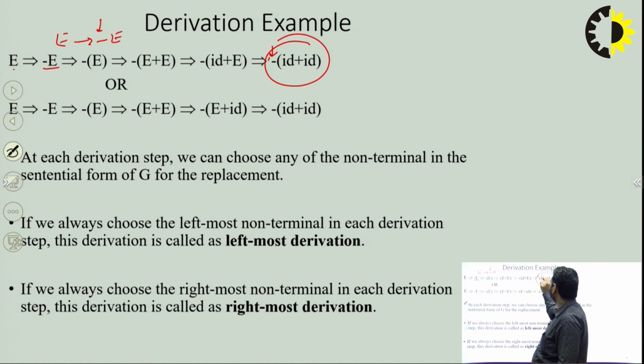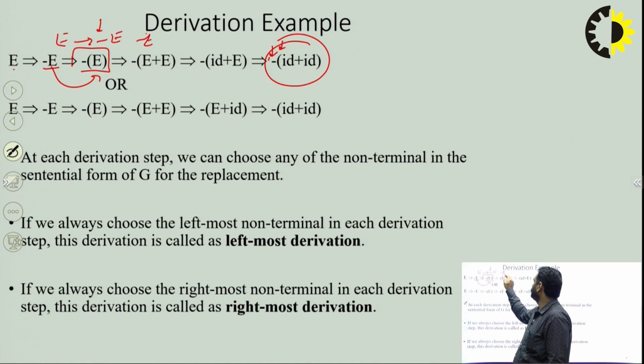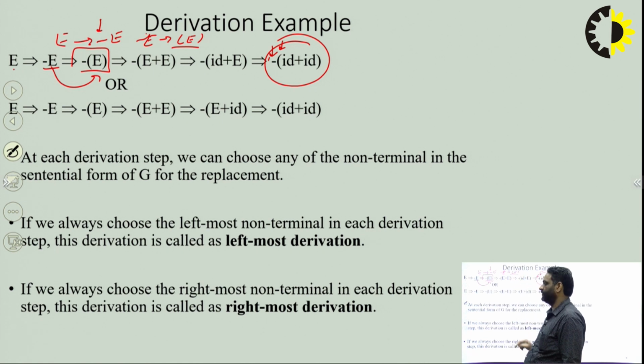The second symbol is the starting parenthesis, so we need to convert E to the starting brace, then E, then closing brace. This is our second production, or we can say second replacement.